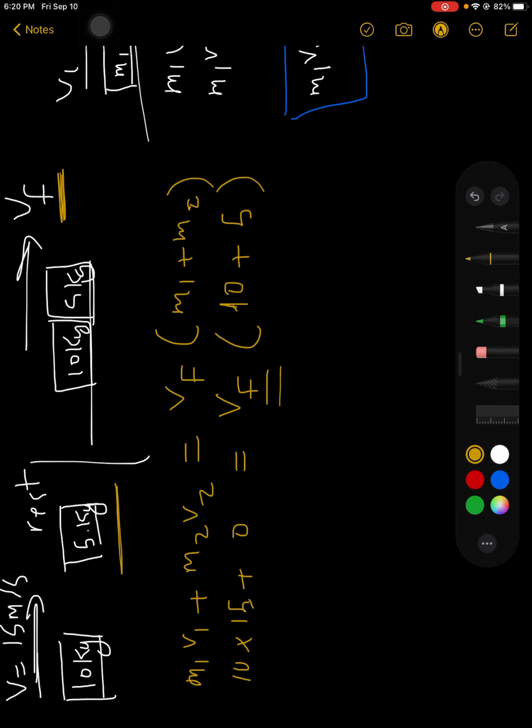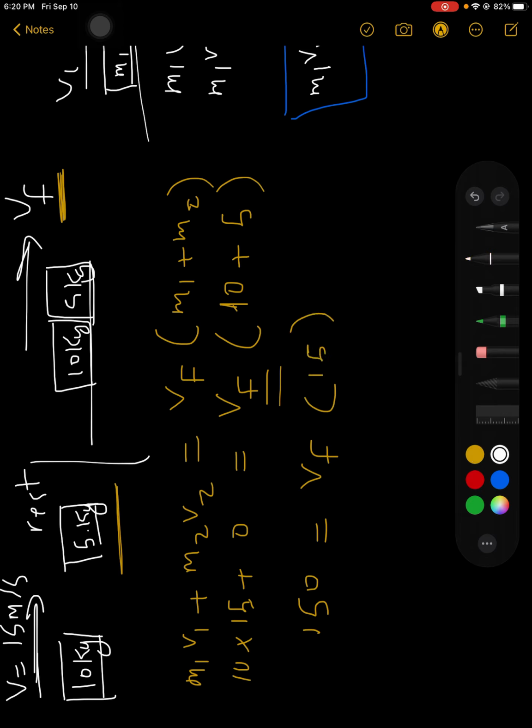So we're looking for VF. 10 times 15 equals 150, plus 0, equals 150, equals VF times 10 plus 5, which equals 15.